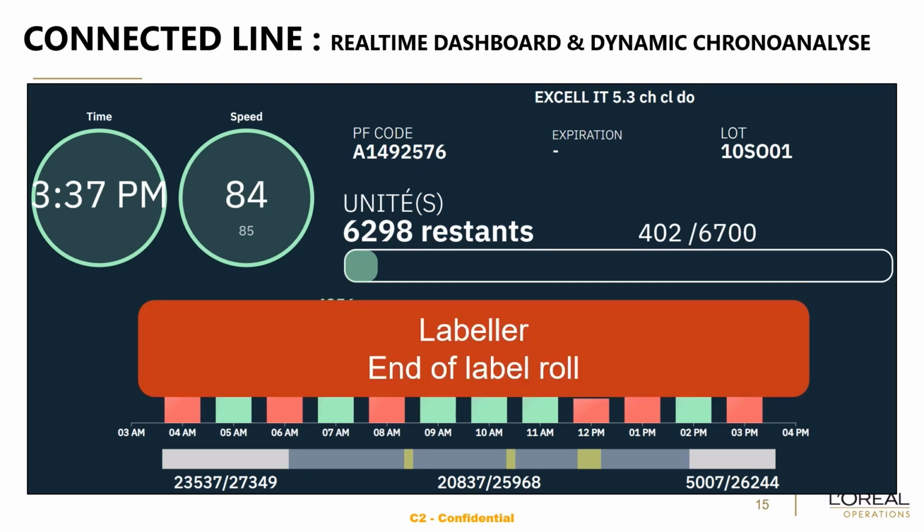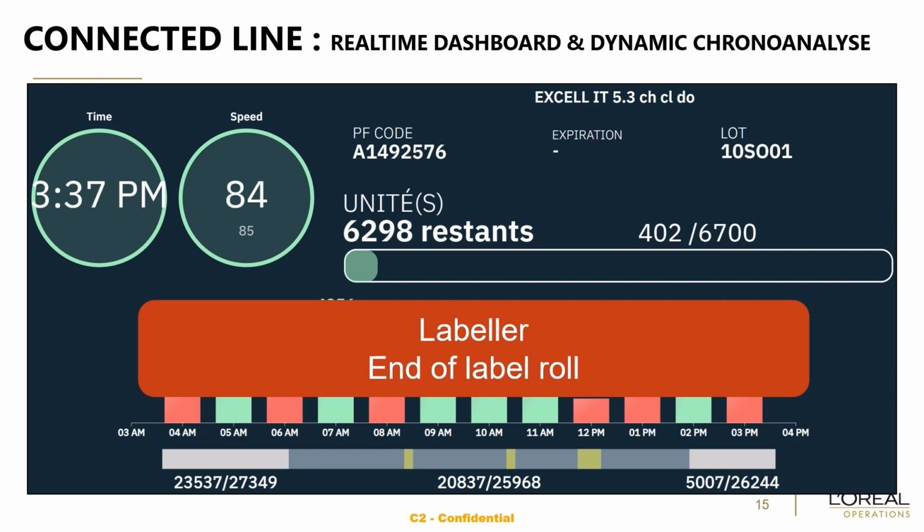The second thing that we deliver is all the messages linked to a default. When the message is in red, that means that the machine is really stopped and the operator has to solve the issue very, very quickly.